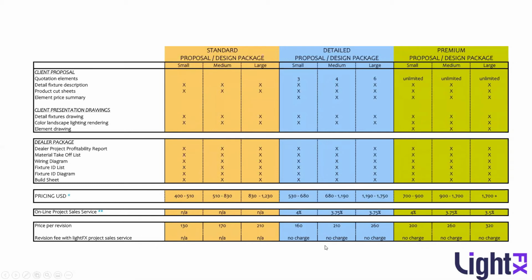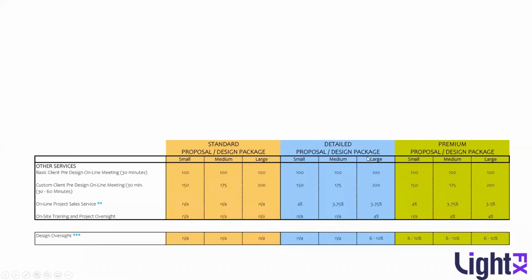If you do the sales service, there's no charge. So I've really broken it down to allow you to pick and choose what you need. The last page covers other services. Let's say you're going to meet an architect and you would like me to come to the meeting with you online.